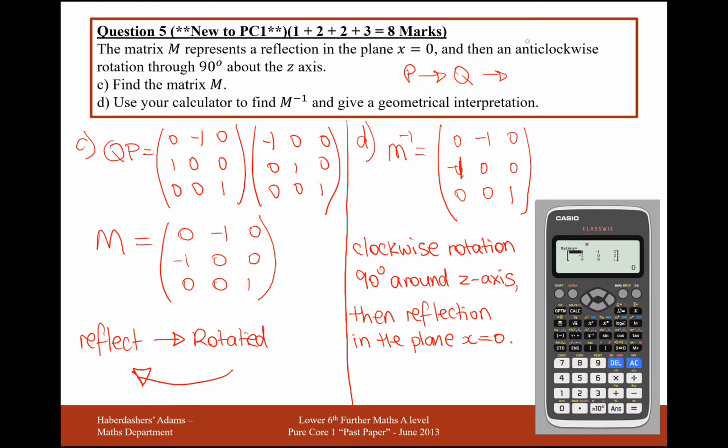So where I rotated anti-clockwise in my matrices for Q, I have to rotate it clockwise to reverse that transformation. The same with the reflection. The opposite of a reflection is a backward reflection, which is exactly the same. So I have exactly the same thing there. Great, so 8 marks for that.